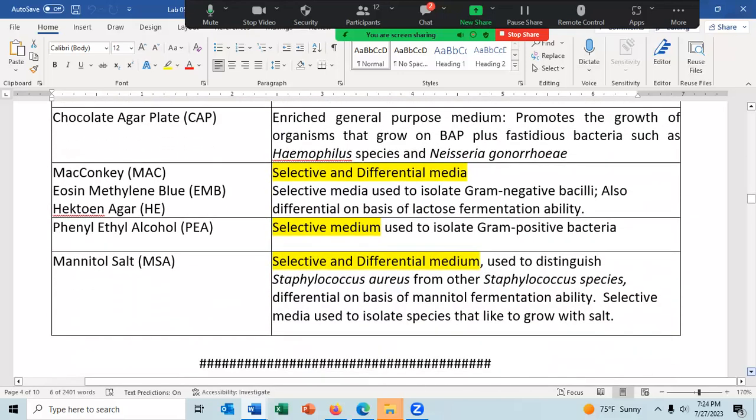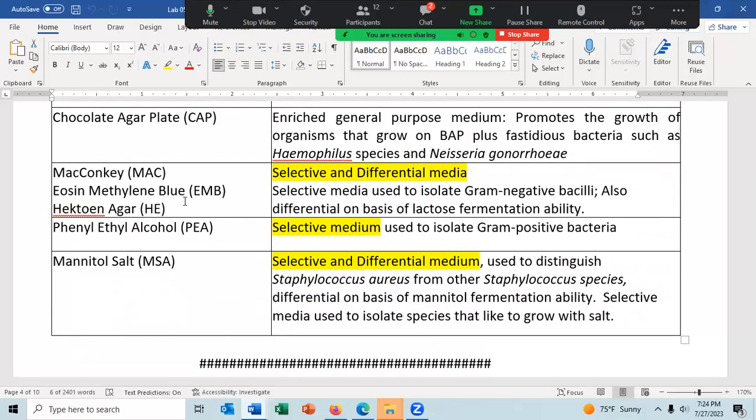And then there's MacConkey's agar or MAC, EMB plates or eosin methylene blue, or HE plates, that's Hektoen agar. All of these are selective and differential. They are all selective for gram-negative bacilli to grow, and they're differential on the basis of lactose fermentation.